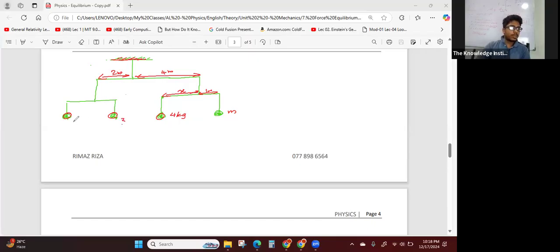Kilogram, 3 kilograms. Let's say this is equal. So here this length and this length are equal, something like both 2 meter, 2 meter.